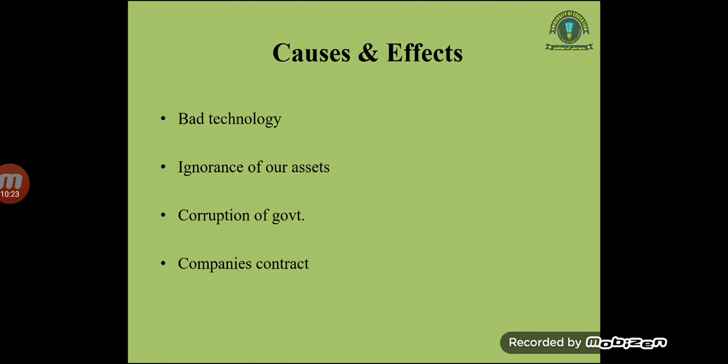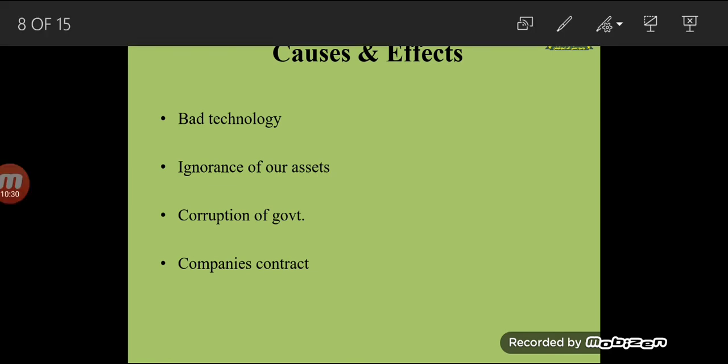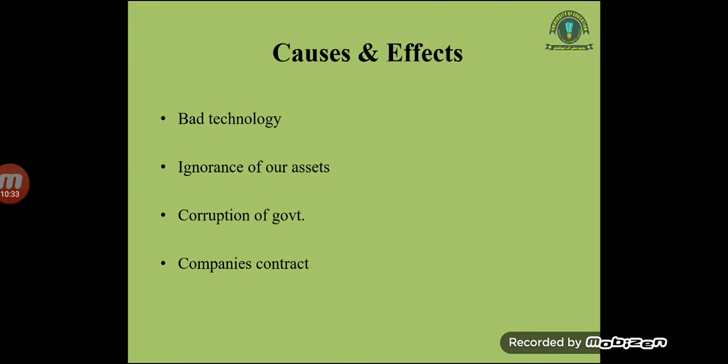They set up their companies, but they exploited our natural resources. A number of countries exploited the natural resources of our country. Bad technology, ignorance of our assets, corruption of government, and exploitation through companies' contracts, all these things affected our natural resources and became the causes of the crisis.